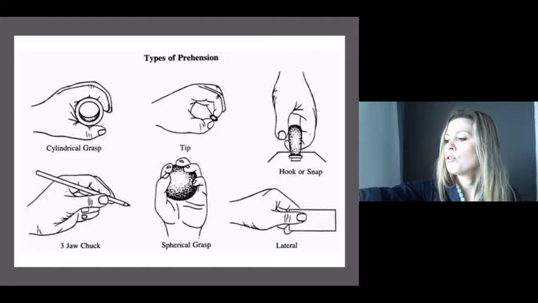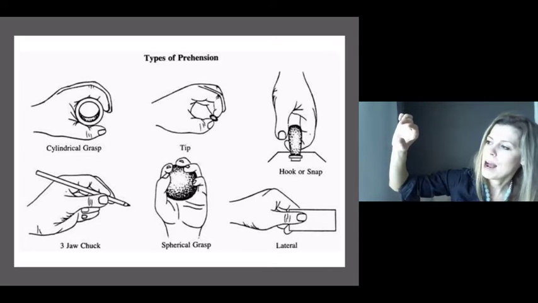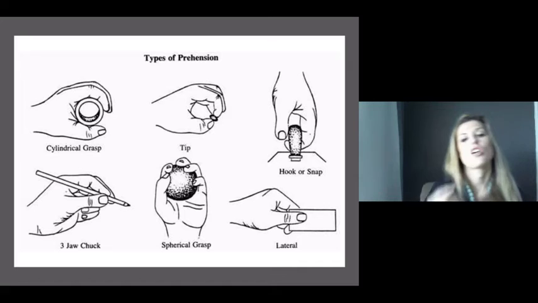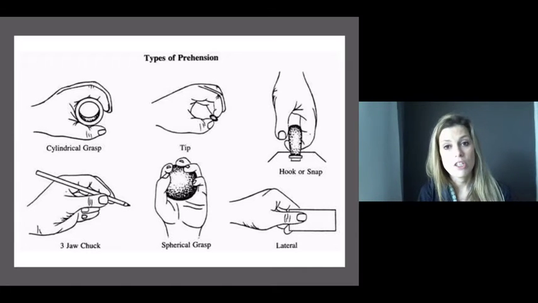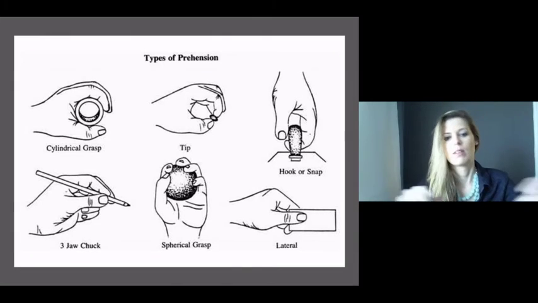Holding on to chapstick. To put chapstick on, you're also using three-jaw chuck. So using the pads of the thumb, index, and middle. And that's a good type of a pinch to also assess with your pinch gauge when you start to look at different types of strength with different types of pinches.